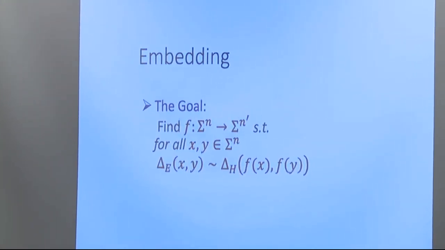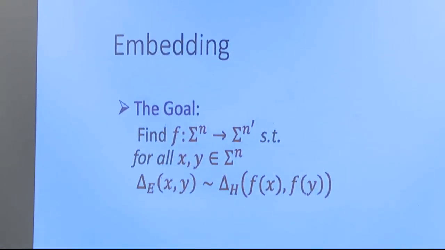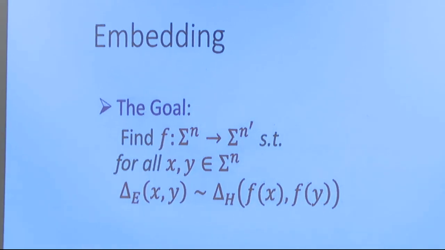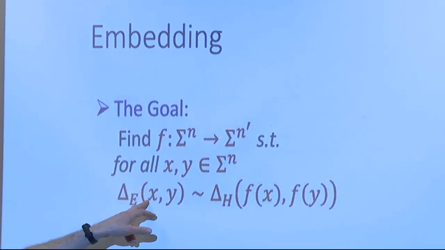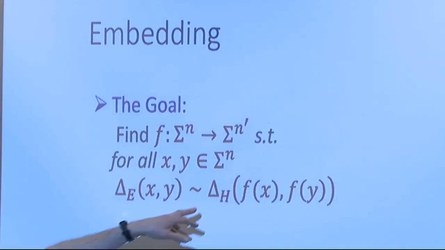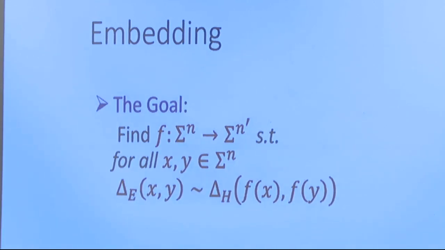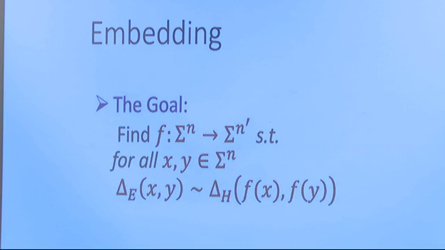Maybe let's focus on the linear embedding, such that for all pairs x and y, their distances are roughly preserved. What do I mean by that? If we look at the edit distance between the original strings and the Hamming distance between the embedded strings, then ideally we have a linear dependence, but whatever we can get. This is what we call an embedding.